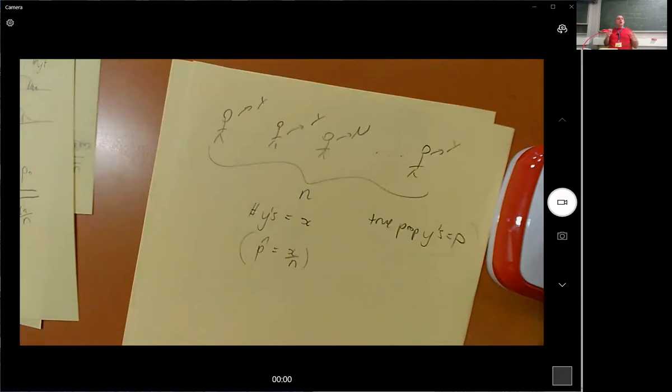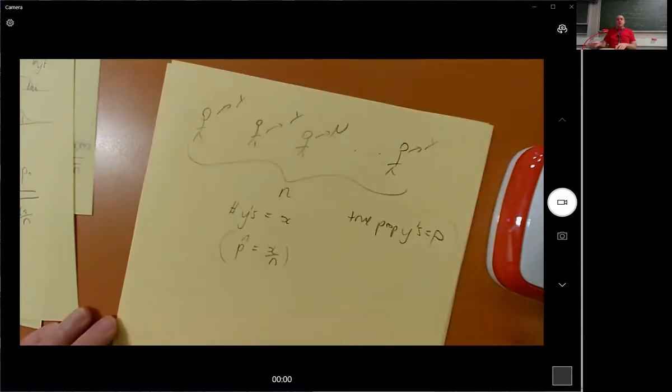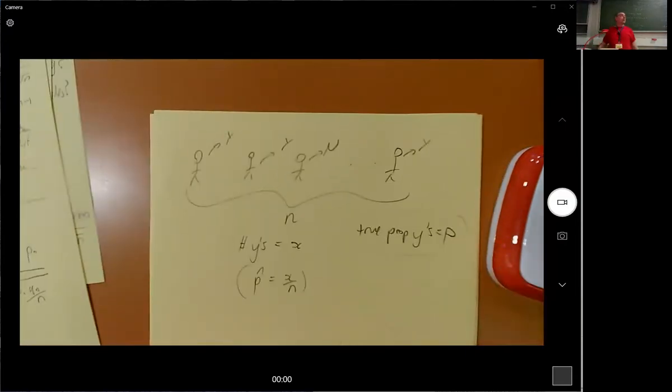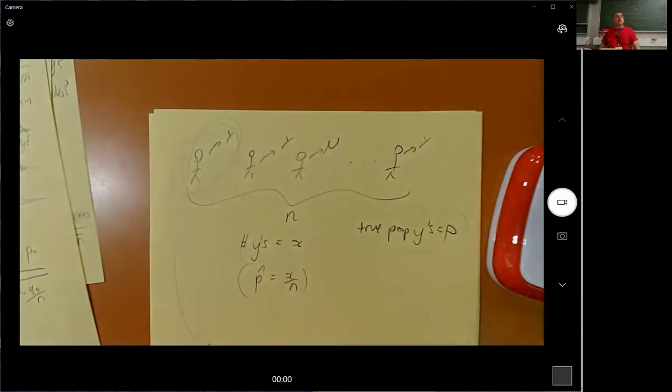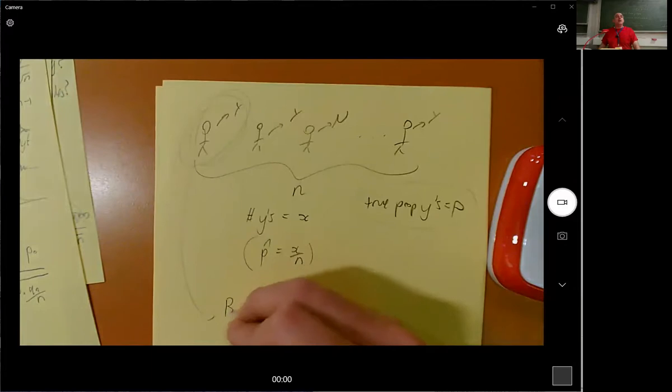Then each individual person is called a Bernoulli trial. So when you do an experiment that has a certain probability of coming up yes, and you write down whether it's yes or no, that single person or dice roll or whatever it is is called a Bernoulli trial.